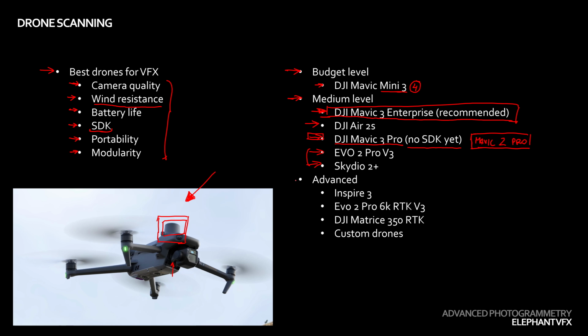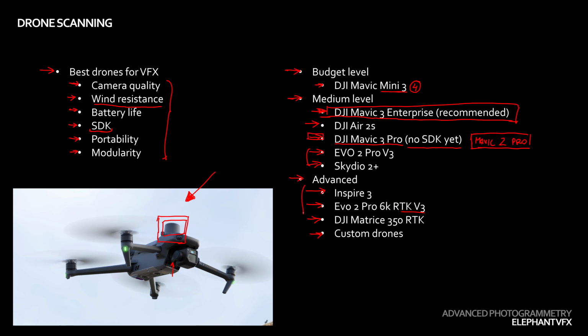And then you have more advanced commercial drones, and these are the Inspire 3, the Evo 2 Pro 6K RTK, the DJI Matrice 350 RTK, and of course you would have custom drones that some people build or some companies build for you based on your requirements.